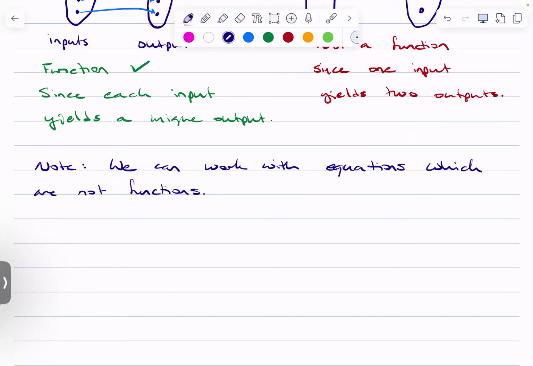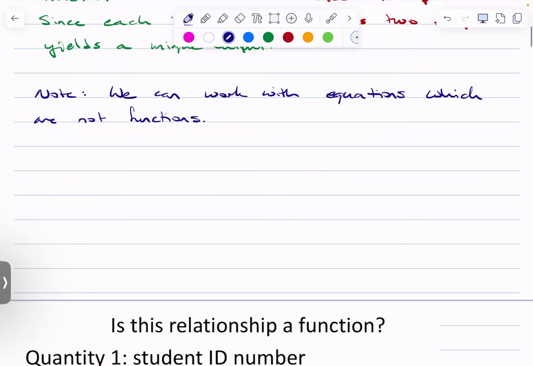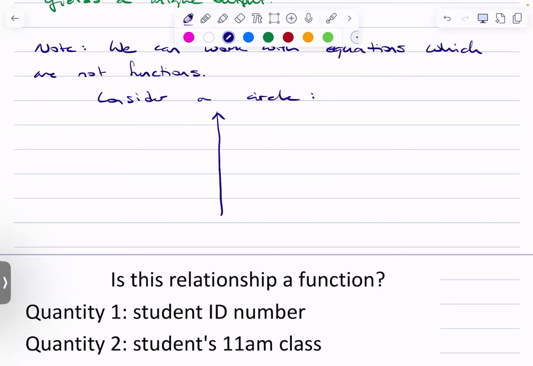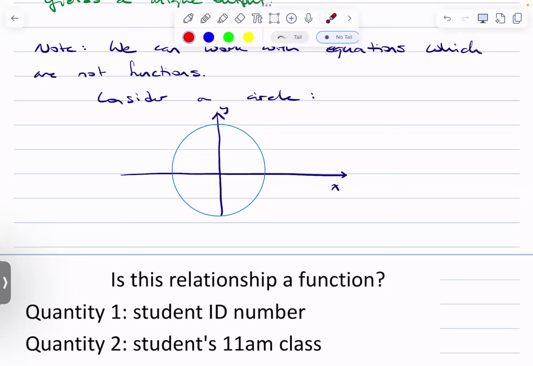Consider, I don't know, a circle. That's math, right? Think about a circle. So here, consider a circle. If I have a grid, if I give an input, same thing as before, of x, let's pick an x here.